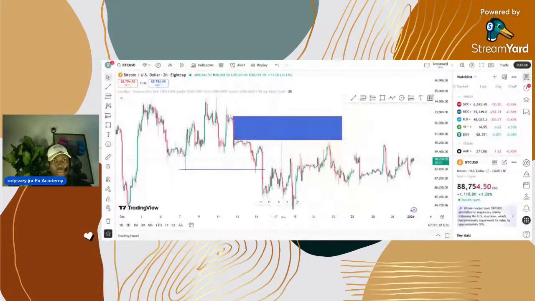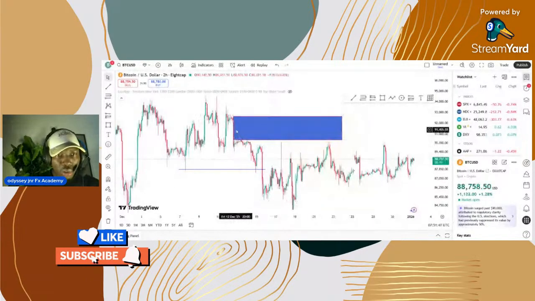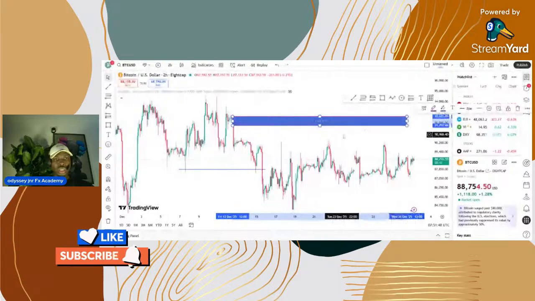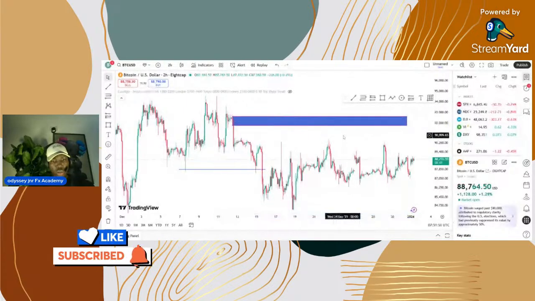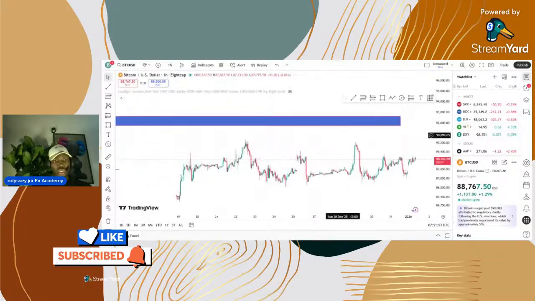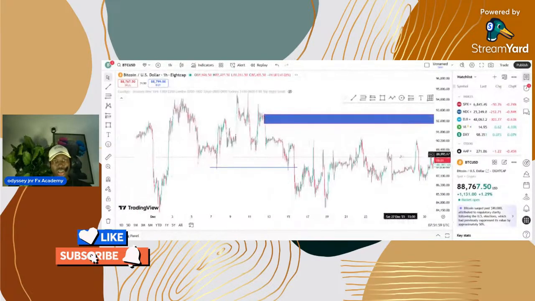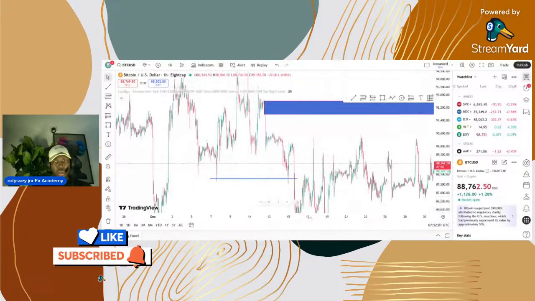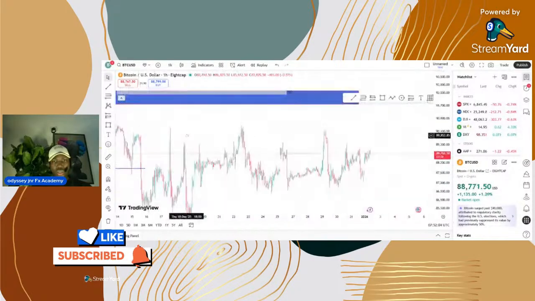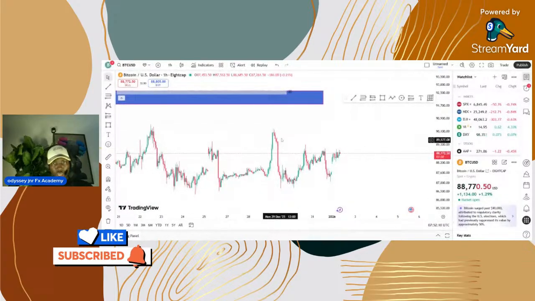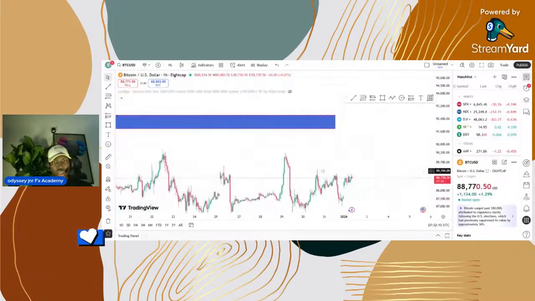In 2 hours, we have a better order block here. But let's go to the 1 hour. In the 1 hour, the market is still running around here.